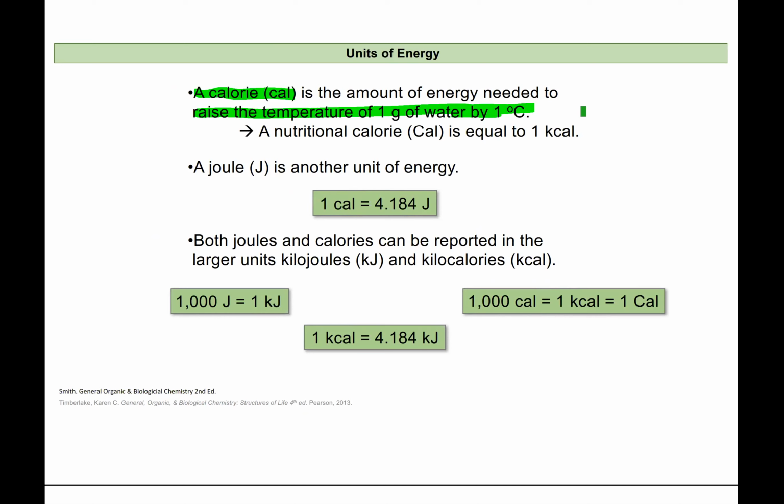Now, the calories that you read at the back of a snack package is actually what we think of as a nutritional calorie, and usually that's a capital C. A nutritional calorie is equal to 1,000 actual calories, or 1 kilocalorie.